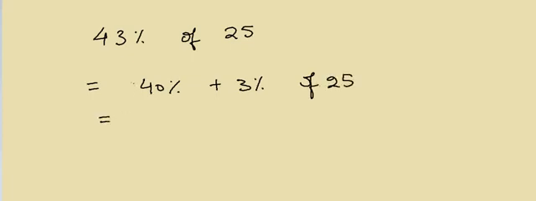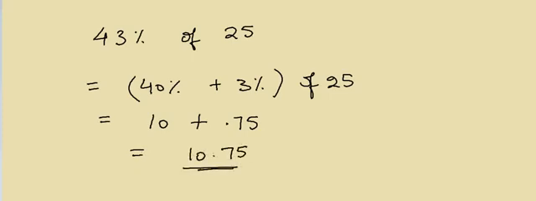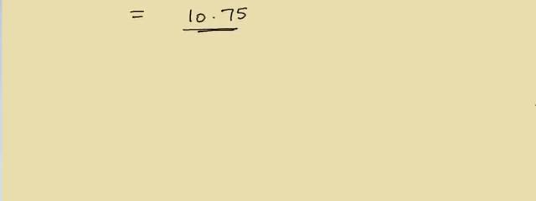So 40% of 25, 4 times 25, that is 10, and 3%, so 3 into 25, is 0.75. So the answer is 10.75. So it's how you work or imagine these numbers in your brain. If you practice, you should be able to quickly do that.